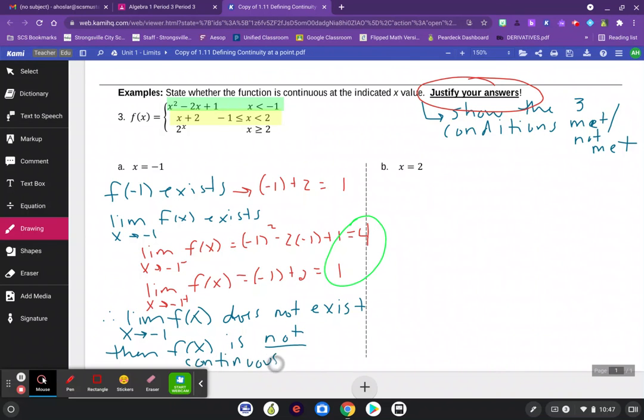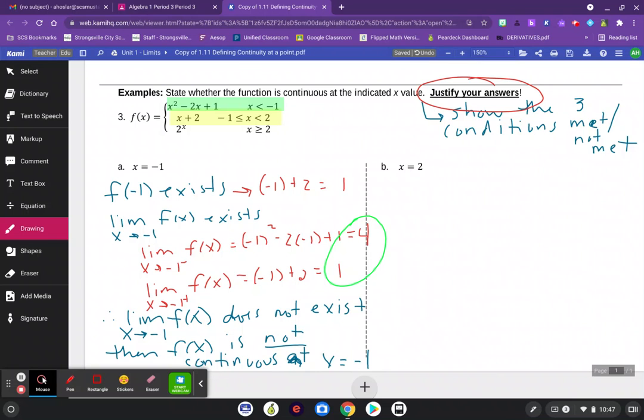Right? All 3 conditions must be met. Condition number 2 was not met. And I'm going to say it's not continuous, and we need to be specific, at x equals -1. Okay? I don't need to further look at the third condition because the second condition wasn't met. Once one of the conditions is not met, there's no need to move on to any of the other conditions.